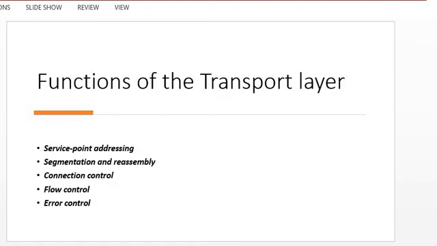By this we mean when we are operating computers, you realize there are several programs or several processes running at the same time.